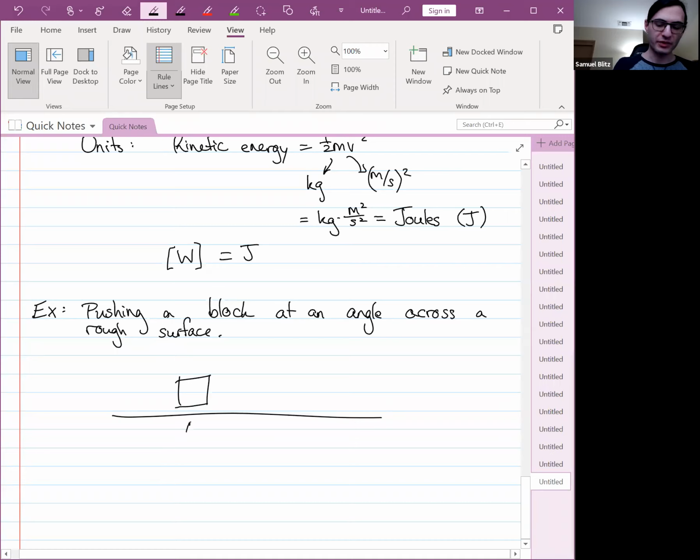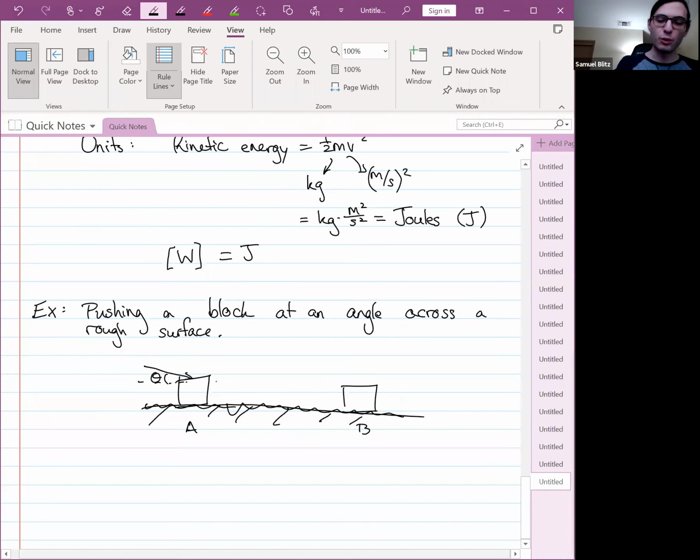You start off at, say, position A, you end up at position B. You're pushing it this way with some angle theta. The ground is really rough, so there's going to be friction too.